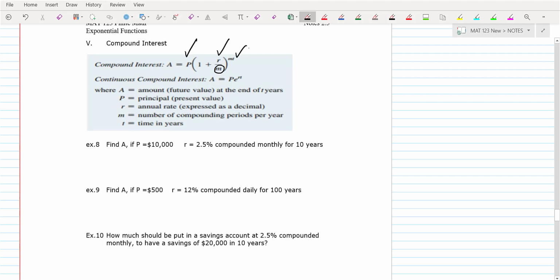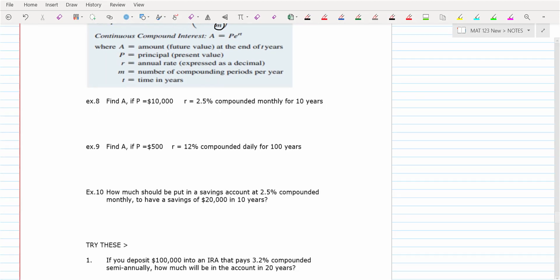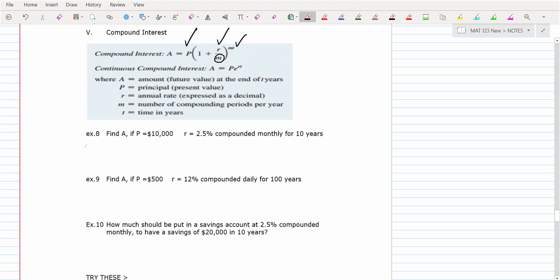So on this example 8, this is how you should start the problem. You want to write down the compound interest formula. So A is equal to the principal P times 1 plus the interest rate over M, which is how many times you do compounding, which is told in the problem, and then MT, like that.